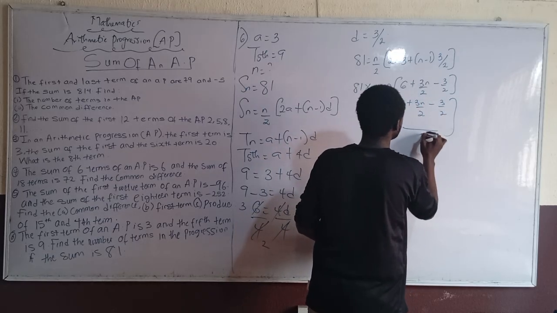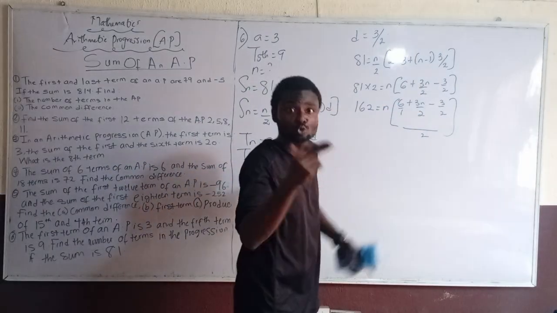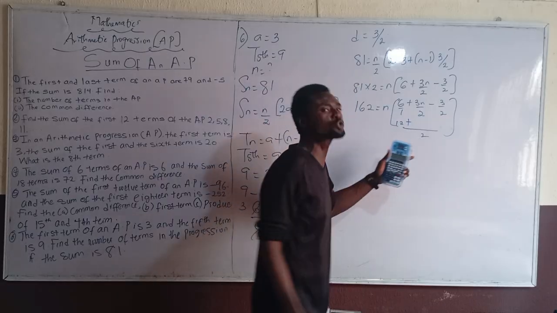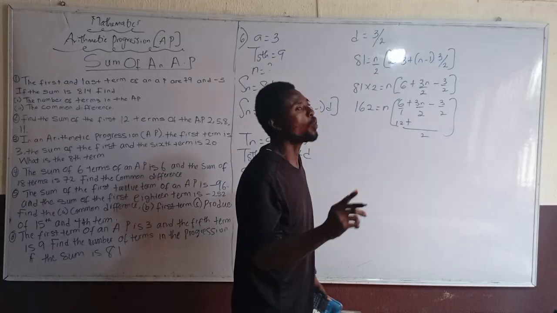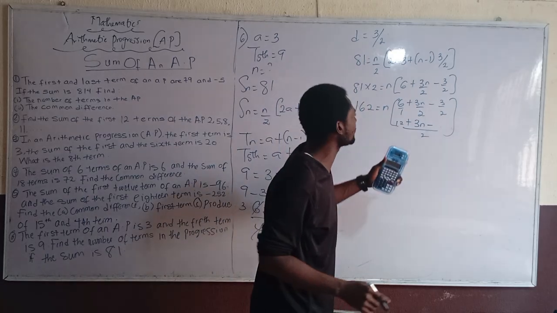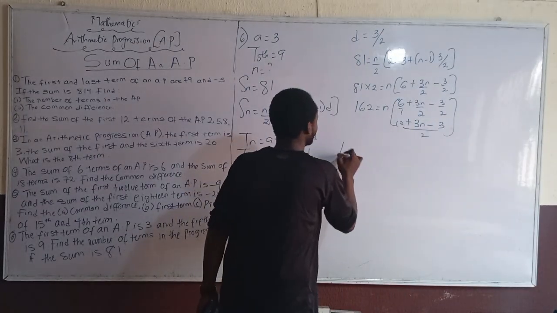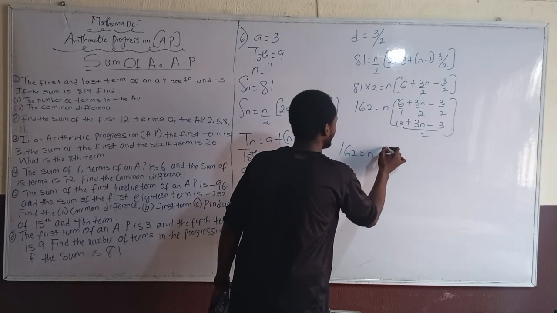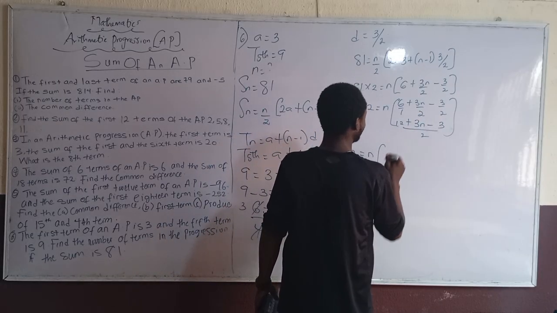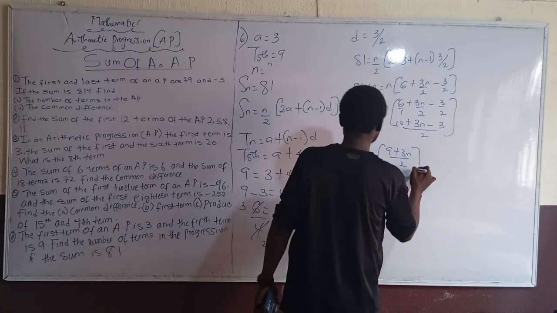I'll find the LCM, which is 2. 2 divided by 1 is 2 times 6, 12, plus 2 divided by 2 is 1, 1 times 3n, 3n, minus 2 divided by 2 is 1, 1 times 3, 3. So 162 equals n. I have 12 minus 3, that is 9, plus 3n divided by 2.